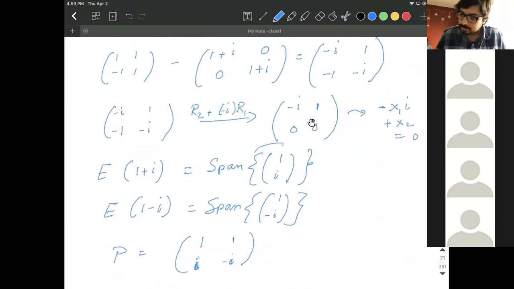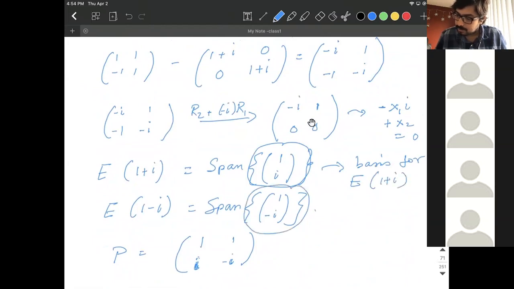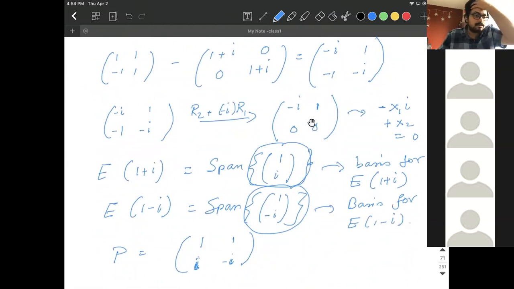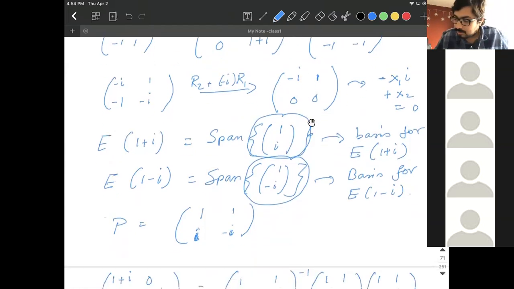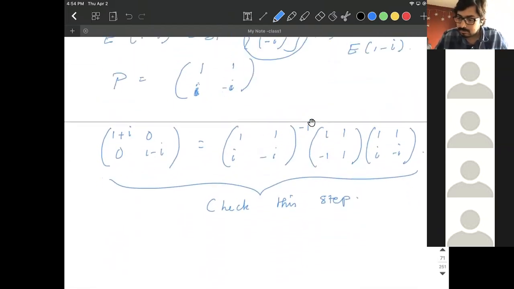So this is a basis for E1 plus I. Similarly, this is a basis for E1 minus I. So each eigenspace has dimension 1. So the geometric and the algebraic multiplicity, they're exactly the same. And we have this diagonalization.